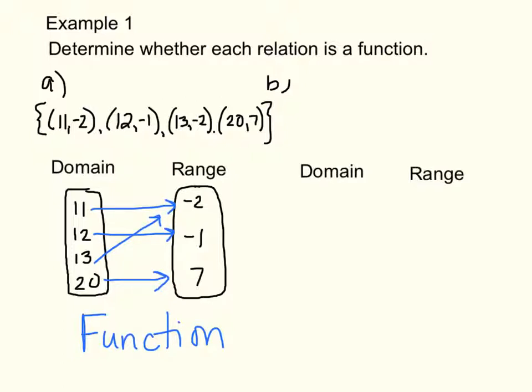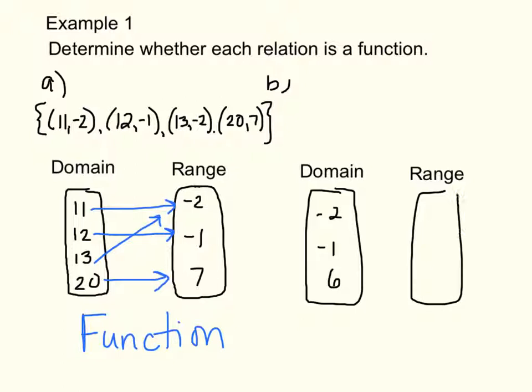Now in example B, I'm just going to go ahead and write your domain and range down. And let's say after our ordered pairs, we write them in our domain and range. And our domains, we have -2, -1, and 6. And then in your range, we have negative 1, 0, 1, and 3. Now, negative 2, let's say, goes to negative 1. Negative 2 goes to positive 1.